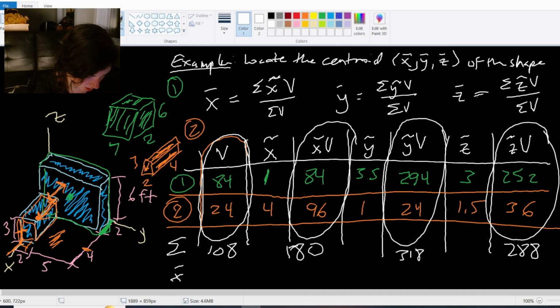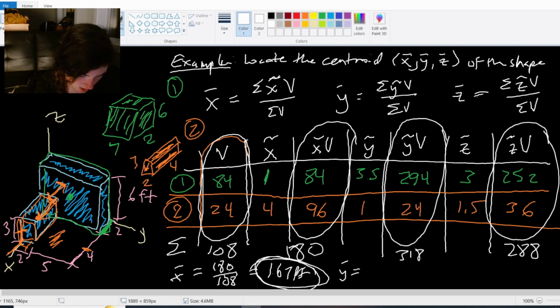My x bar is going to be 180 over 108, or 1.67 feet. So there's an answer. My y bar is 318 over 108, which when I plug into my calculator gives me 2.94 feet.